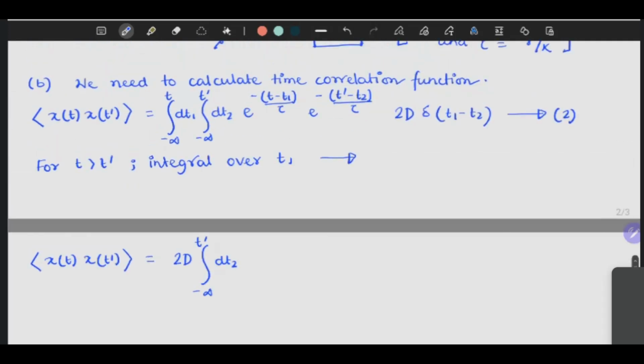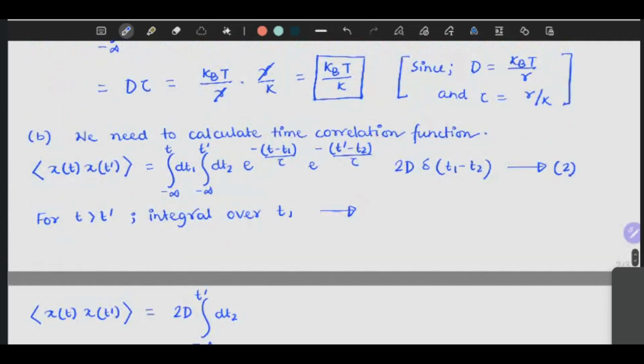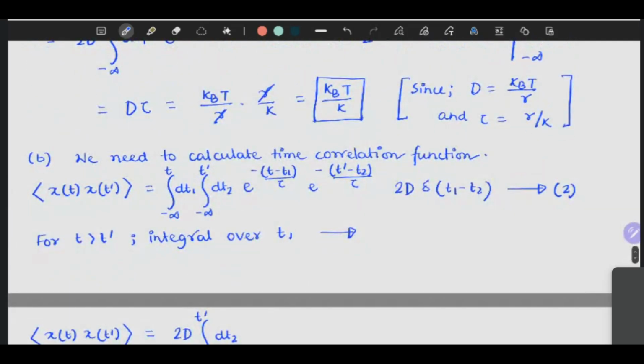And t2, it will be as usual, only thing is t1 will become t2, right? So then this will be t2 minus t1 and this will be t minus t1 as usual, right?